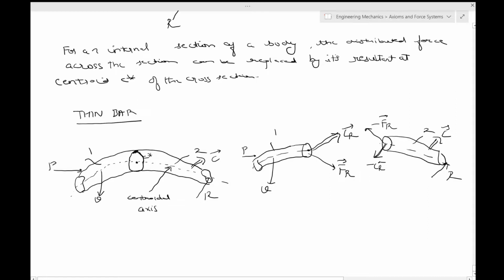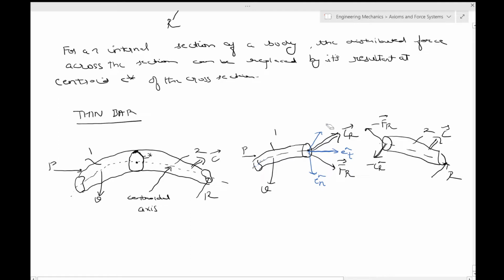Now just to have a coordinate system in terms of which we can write this FR and CR, let's choose one along the tangent of this axis, as Et. Obviously the one normal to this would be En, and then you have the binormal, which is Eb.